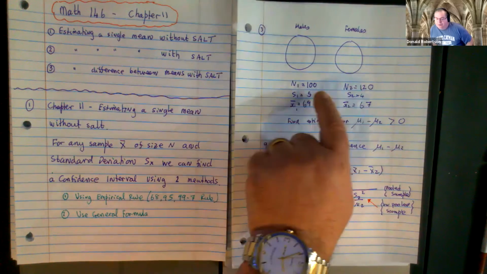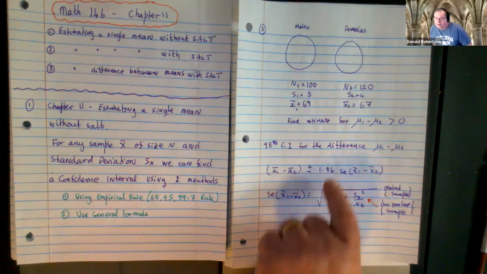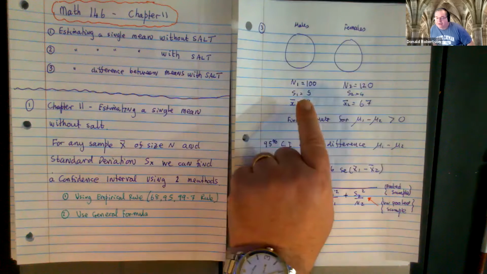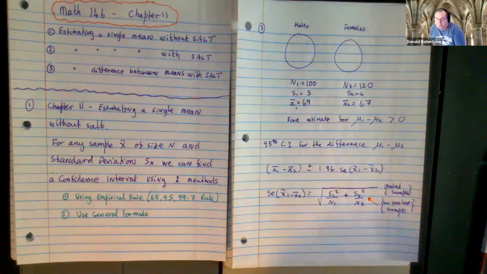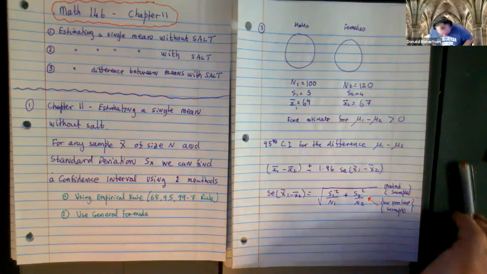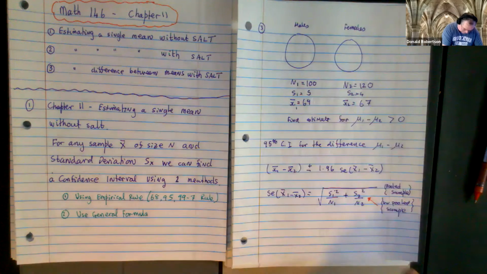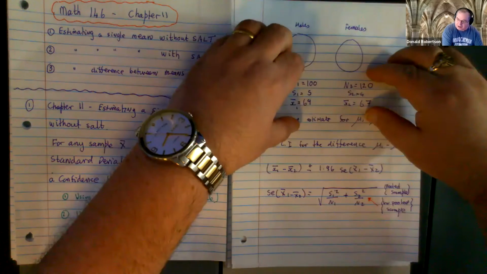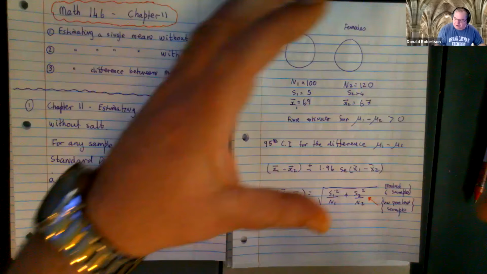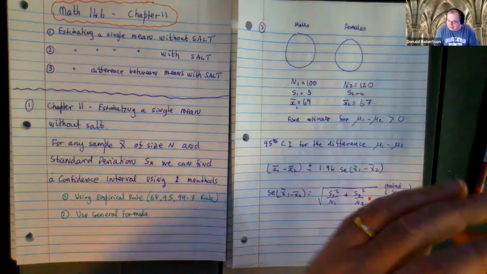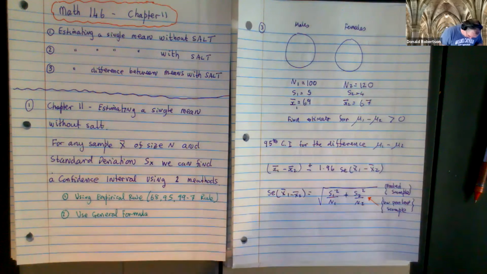So you use unpooled when you believe that the two populations are different and that their standard deviations are likely to be different. If you had two populations, but you believed that their shapes were similar and that their standard deviations were the same, then you would do a thing called a pooled sample. I'm not sure of the formula, it's pretty obvious. But essentially what you do is you take all of the data and you stick it into one massive set of data, and it's the standard deviation of that combined data that you use.